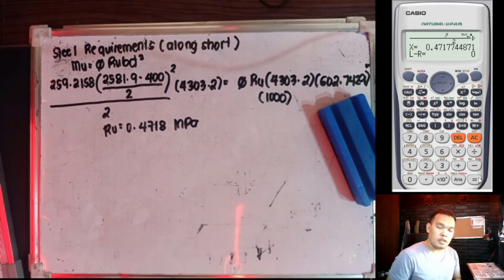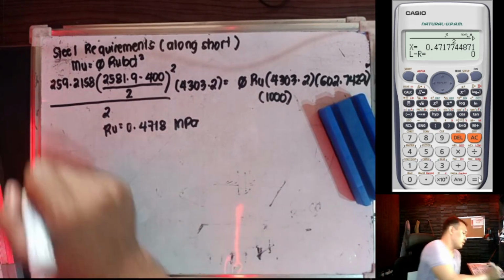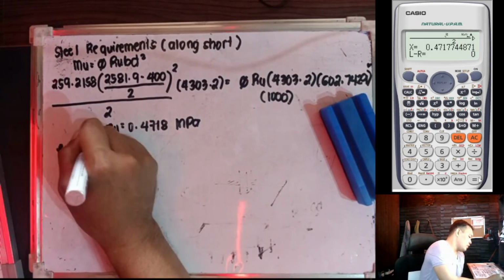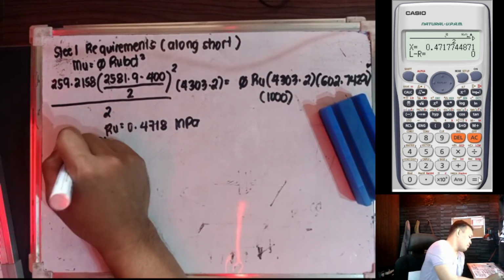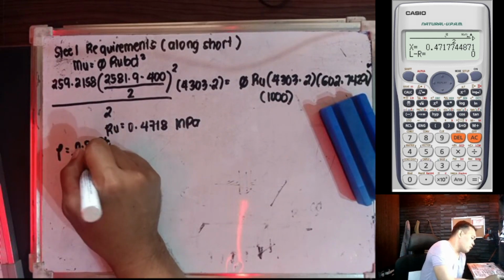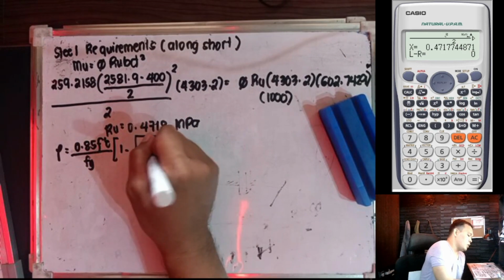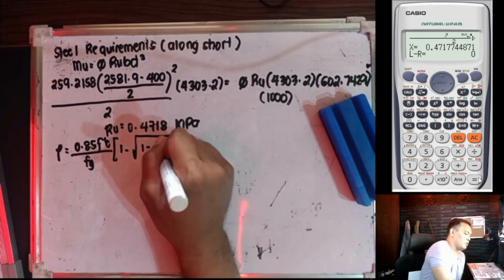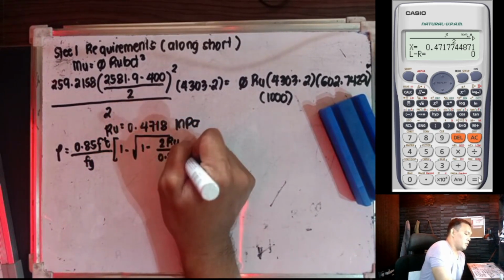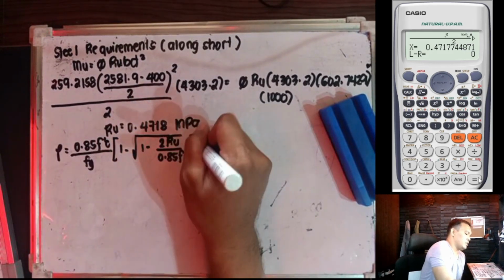Then, again, compute for the rho. Rho is equivalent kay 0.85 F prime C over Fy times 1 minus the square root ni 1 minus 2 Ru over 0.85 F prime C. Okay.